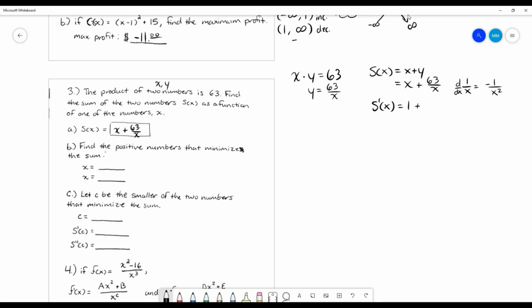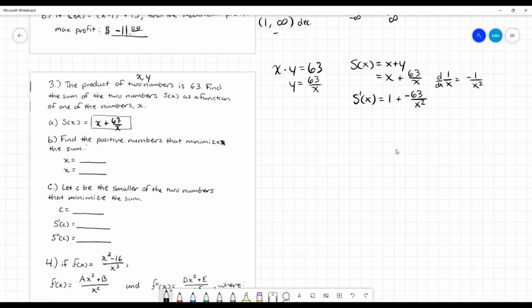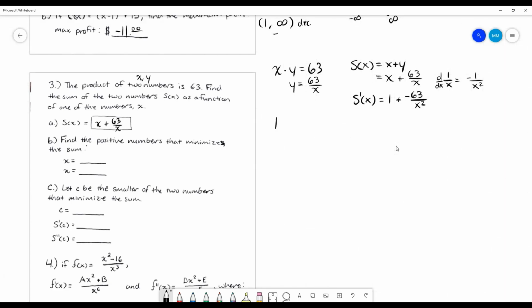So it's just this times the constant coefficient. So it becomes the following. And I want to know when that equals 0. Okay, so I've got 1 minus 63 over x squared equals 0.